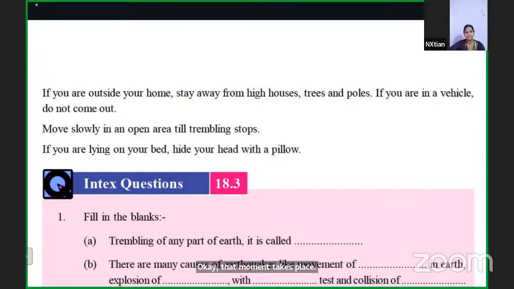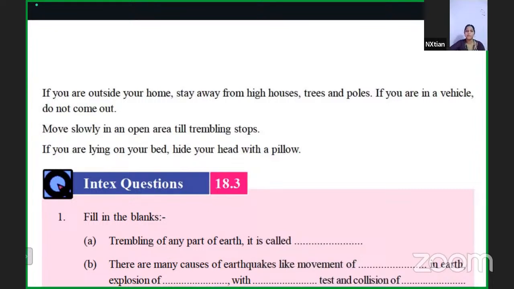Yes, Abraham. Ma'am, can buildings fall on the earth if there's an earthquake? Like the earth just opens up and some part of the building falls inside. The earth doesn't open up.